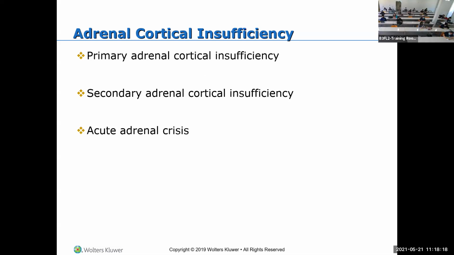Is it clear? In secondary adrenal cortical insufficiency, it is my pituitary gland. In the primary, it is my adrenal gland itself. Because we mentioned what is primary, what is secondary. And we do see acute adrenal crisis if I withdraw my steroid all of a sudden.